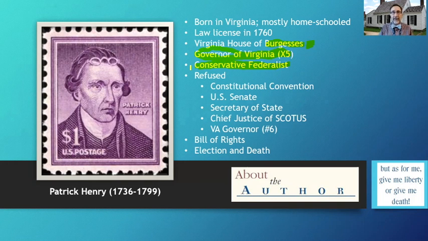The Federalists in this case believed that there should be a federal government, that we shouldn't just have a loose association of individual states all agreeing to help one another out when they feel like it. And yet he was a conservative Federalist. And so he believed in the importance of states' rights and of balancing things out. And so that's going to affect some of his action as we go along.